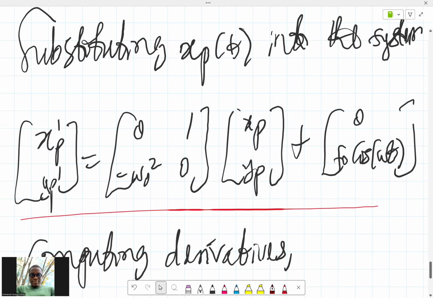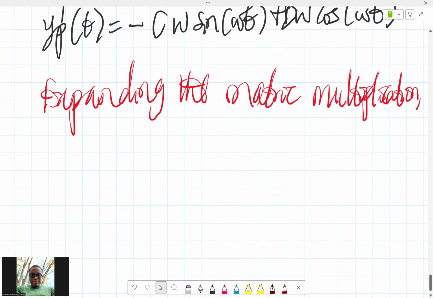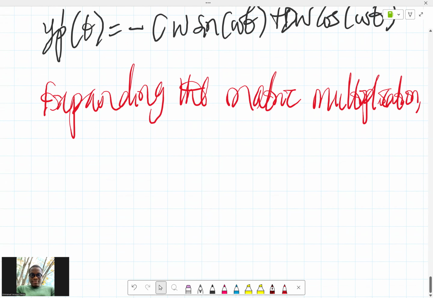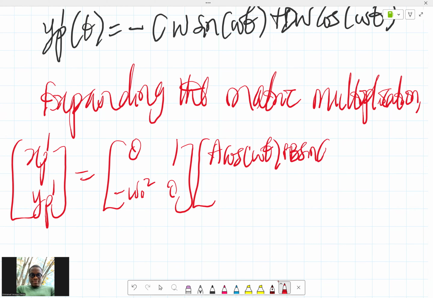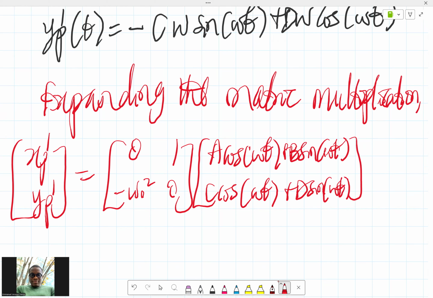So if we expand that, we have xp prime, yp prime equals the matrix 0, 1; minus omega naught squared, 0, into A cos omega t plus B sine omega t, then C cos omega t plus D sine omega t, all of this plus 0, then f naught cos omega t.